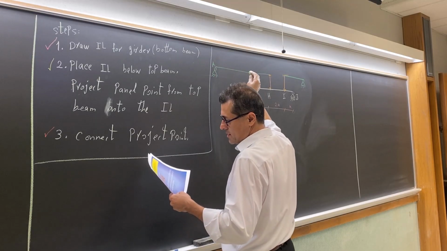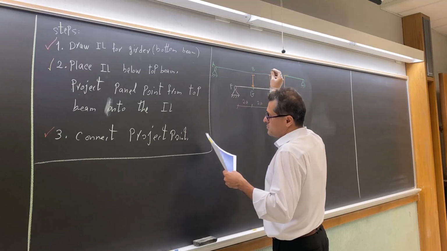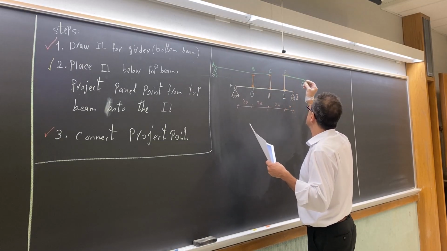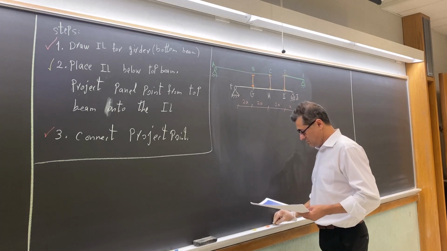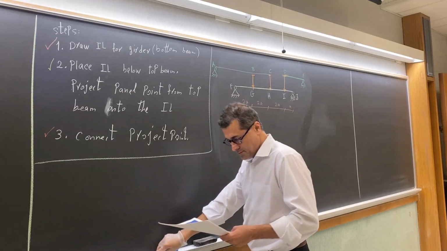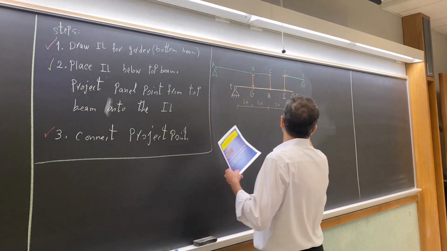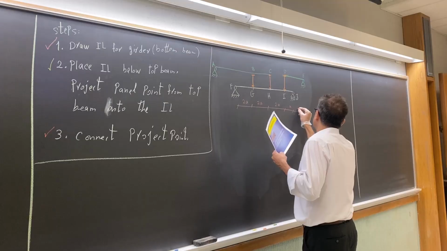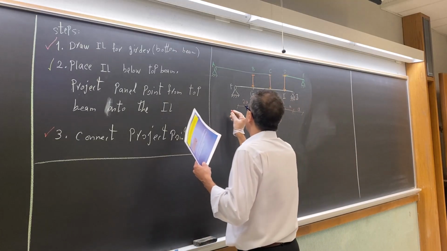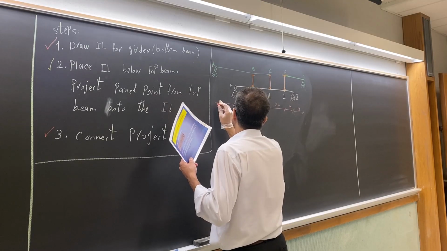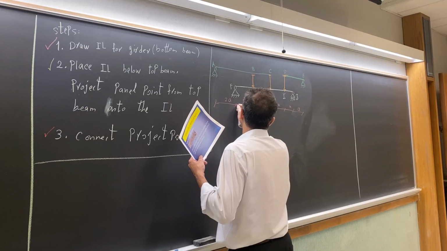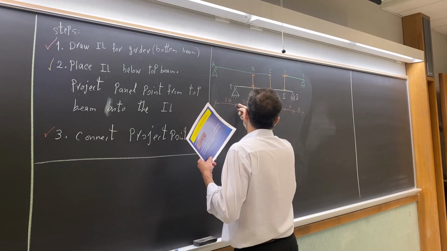Point A, B, C, D, E. This is A and 2A. Okay.